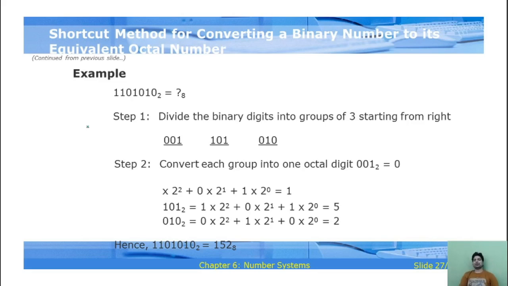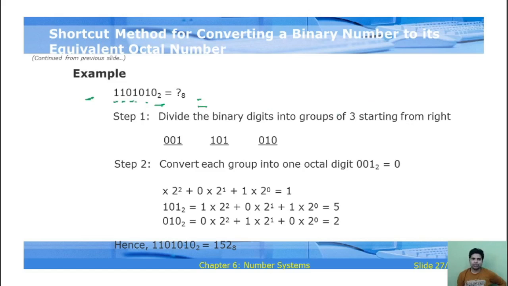Again, here is an interesting example of binary to octal: how will you convert from binary to octal? This is the binary number 1101010 in base 2, and you have to find the octal number from it. Divide the binary digits into groups of 3 starting from the right.